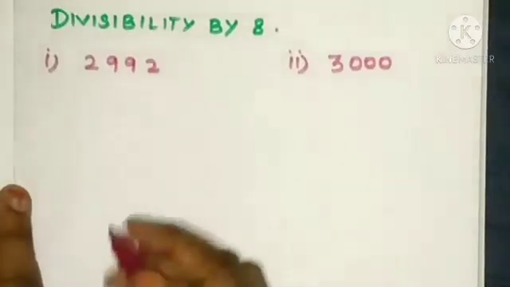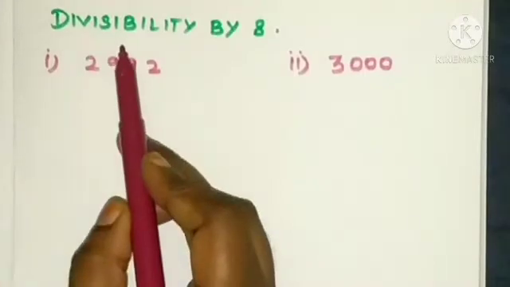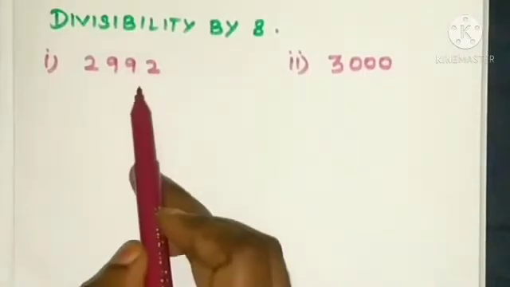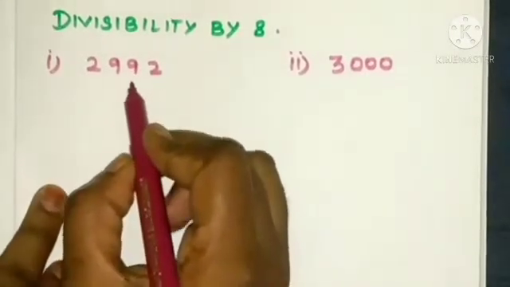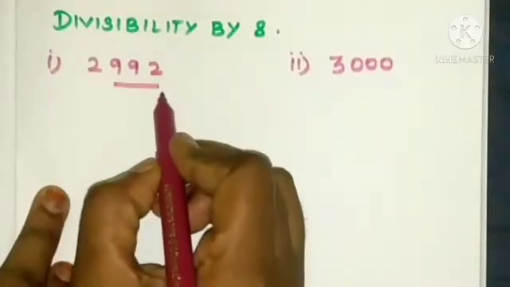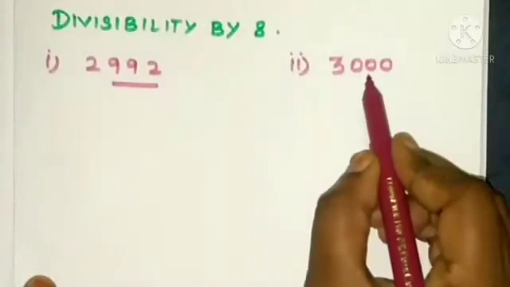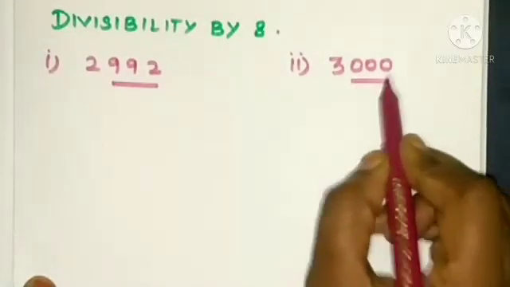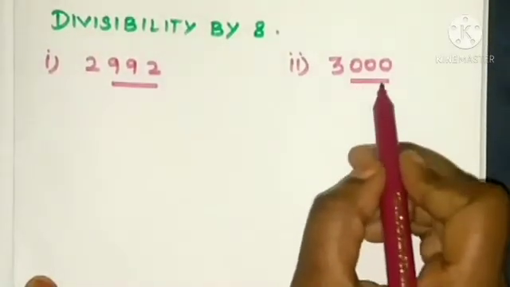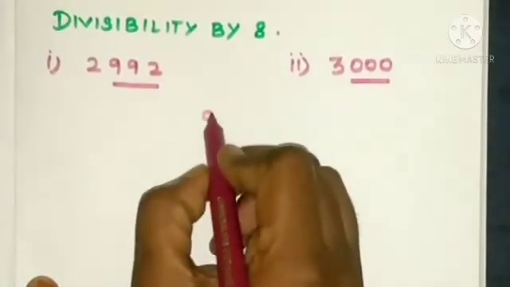Then divisibility by 8. The rule for divisibility by 8 is a number is divisible by 8 if the last 3 digits of a given number are divisible by 8. And note it carefully, if the last 3 digits of a number are zeros, then also it is divisible by 8. Let's check.